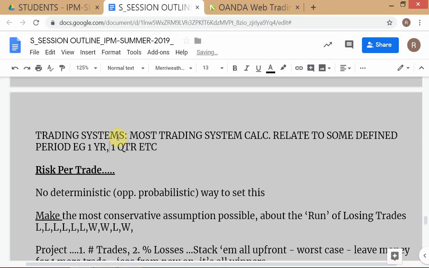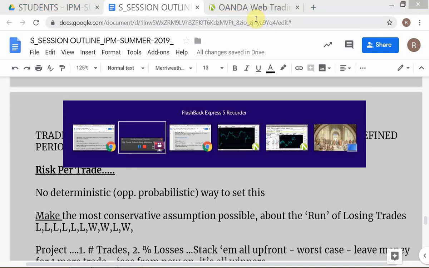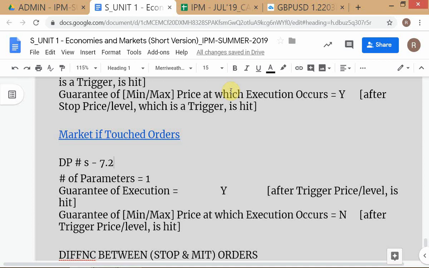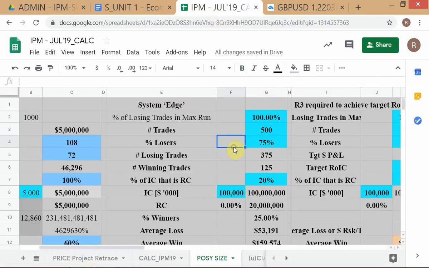This is clear? So for all your trading system calculations, things like trading period, risk capital, investable capital, usually there will be some period attached to it. I'm not writing the period specially in this. Let's say for this example, this calculation is 1 year.